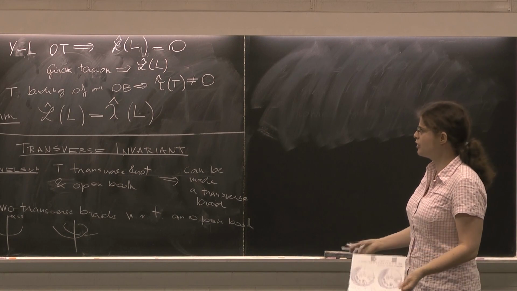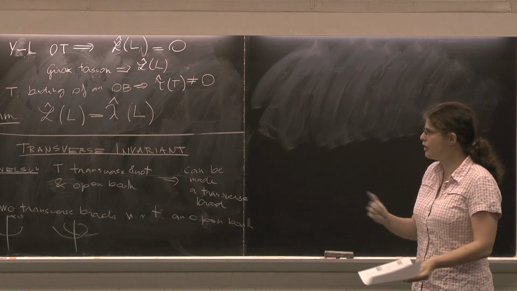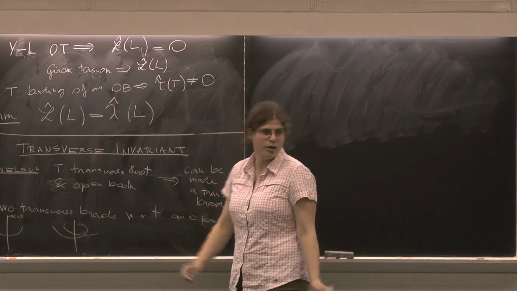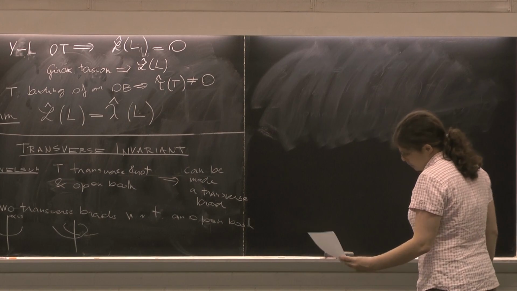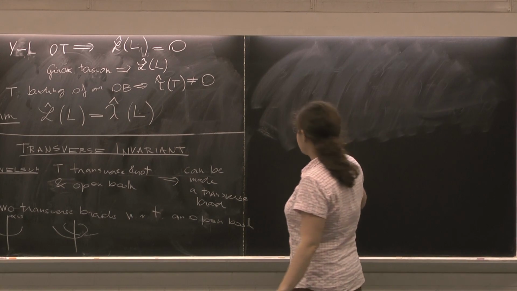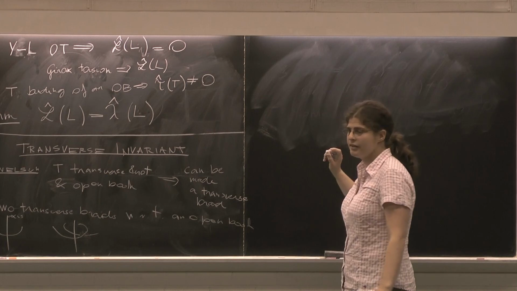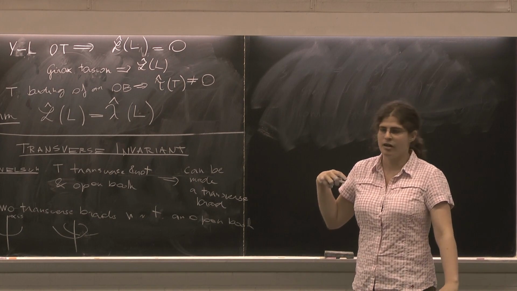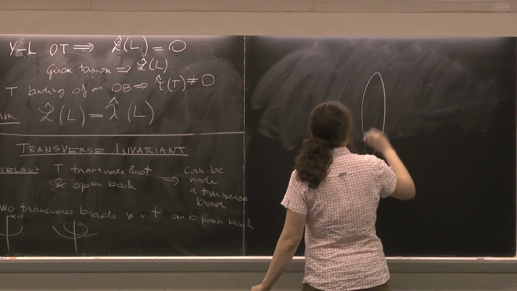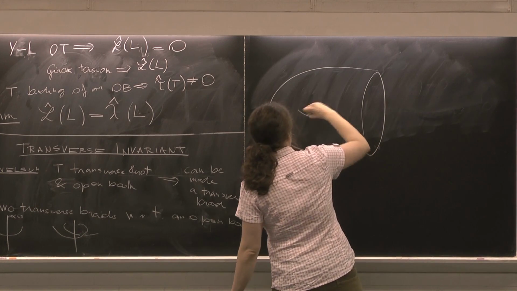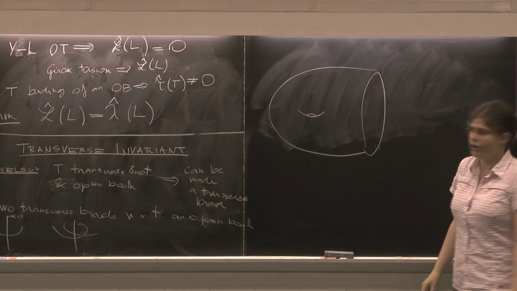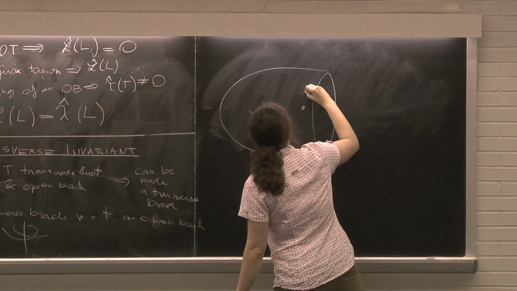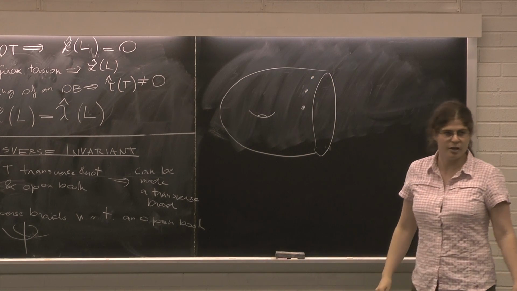And the open books are related by stabilization, and the braids are related by stabilization again, a different stabilization. And then, if you have a braid and it's transverse to all of the pages, then it intersects the pages in the same number of points. So again, I can only draw one type of page, so that's going to be this one, and then my braid intersects the page in some number of points, maybe 3.